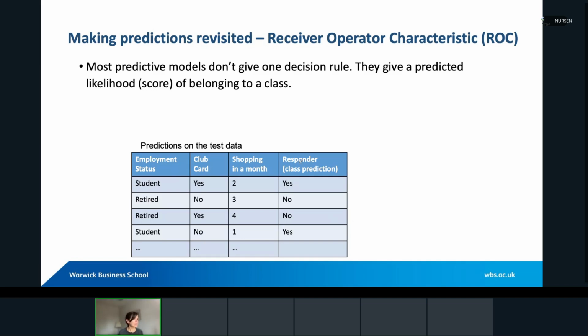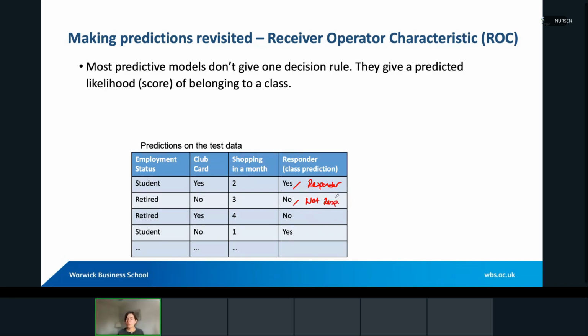And in the target variable, we have again yes and no cases. Yes means this is a responder, and no means the customer is not interested, not a responder. Okay.